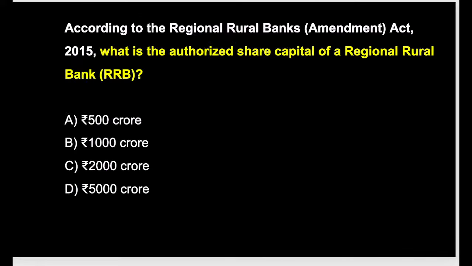चलो नेक्स्ट क्वेश्चन. According to Regional Rural Bank Amendment Act 2015, what is the authorized share capital of regional rural banks? कितना कर दिया गया था इसको, कितनी होनी चाहिए उनकी ऑथराइज कैपिटल?